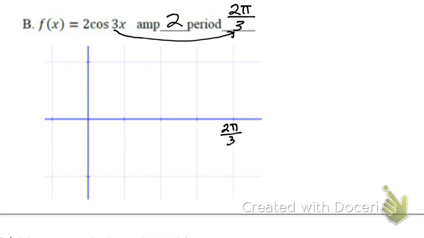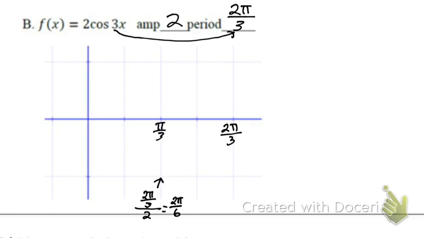Then I go 2 pi divided by 3, divide that whole thing by 2. And we can do the math down here. So we're going to do 2 pi divided by 3 divided by 2, which is going to be the exact same thing as 2 pi divided by 6. So this 2 and 3 end up just multiplying, which is just going to be pi over 3.